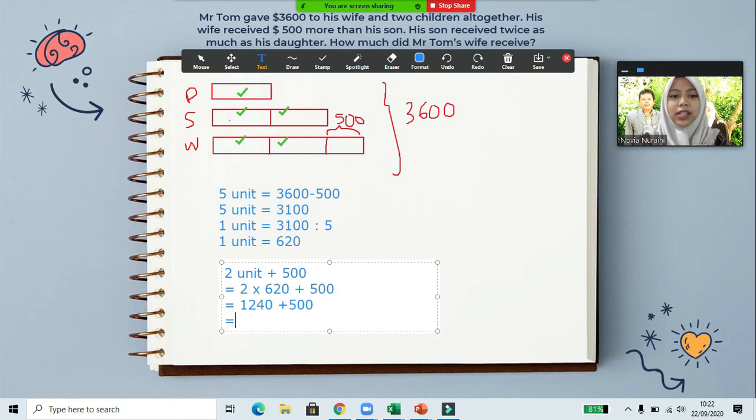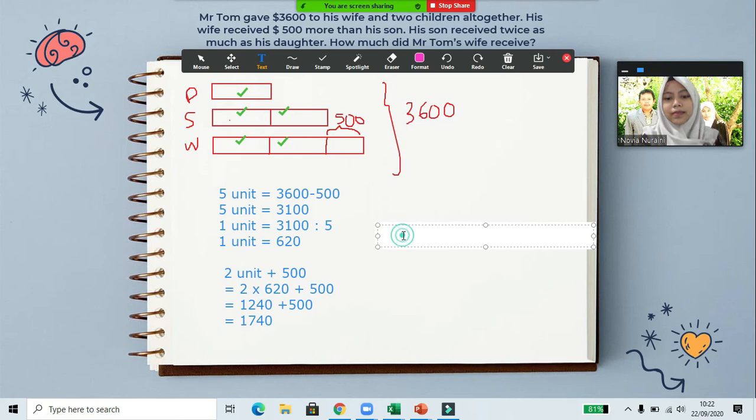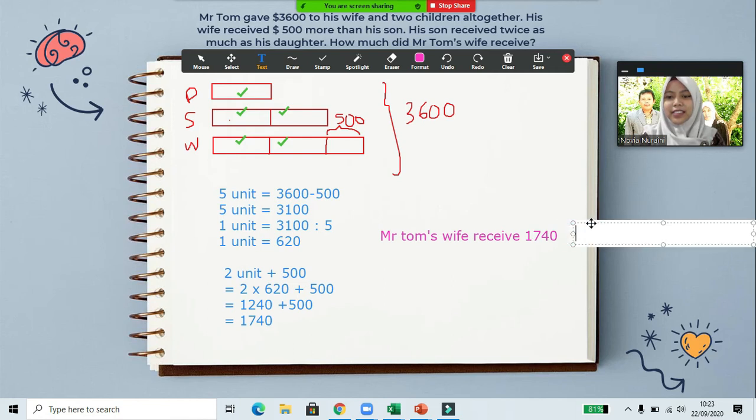So the answer is 1,740. So the conclusion is Mr. Tom's wife received 1,740. Oh, sorry, dollars. Finish. This is if you choose this question.